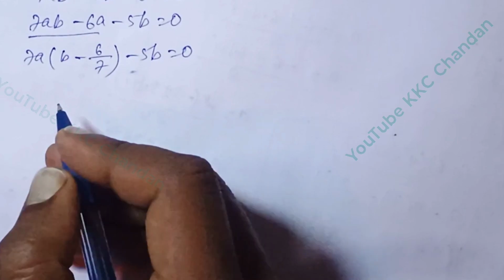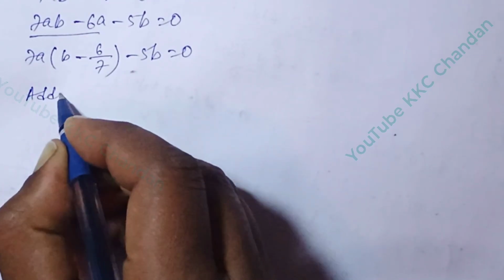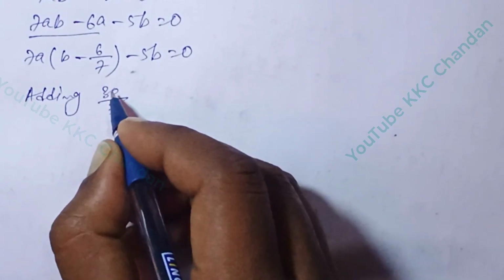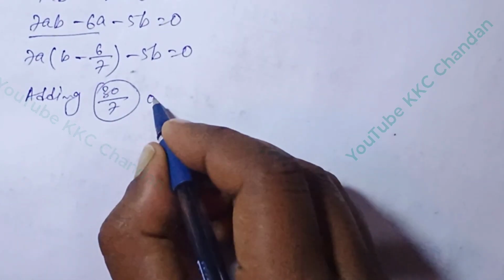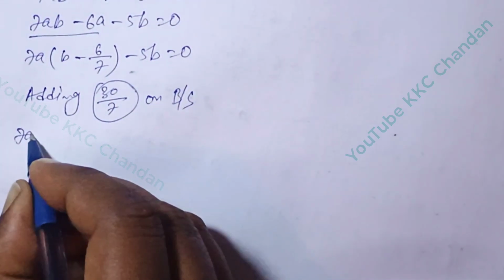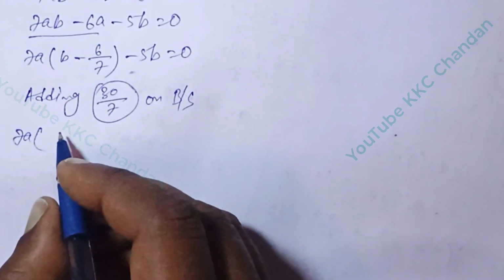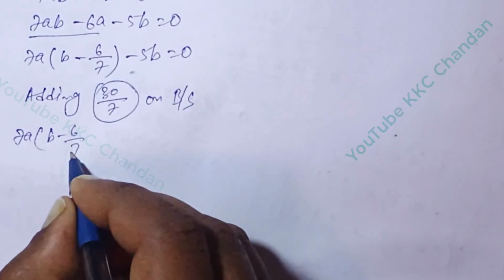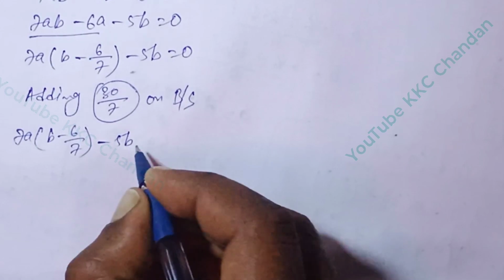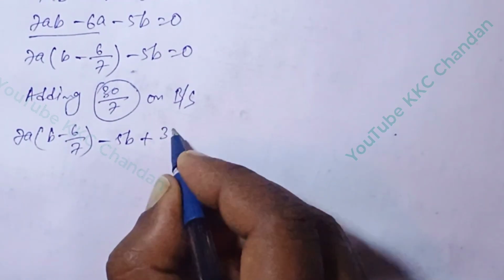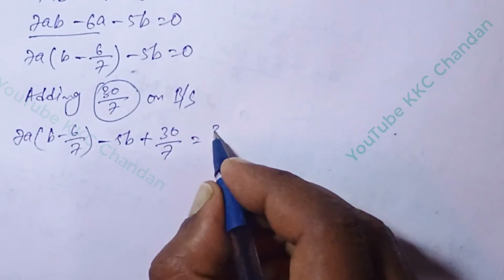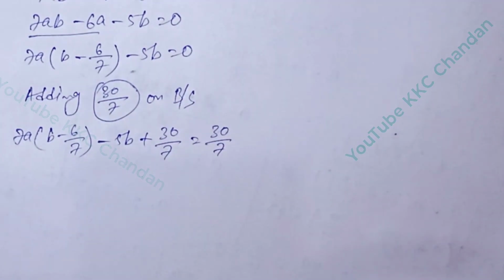Next step, adding 30 divided by 7 on both sides: 7a bracket open, b minus 6 divided by 7 bracket close, minus 5b plus 30 divided by 7 is equal to 30 divided by 7.